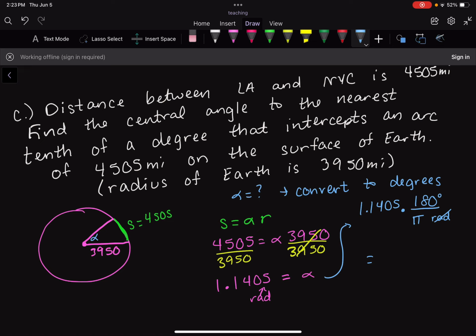So I'm going to go ahead and do that real quick. So times 180 divided by pi. And I did not round until my final answer, but I get 65.3 degrees. Now that's going to be it for our arc length, so we'll go ahead and move on now to area of a sector.